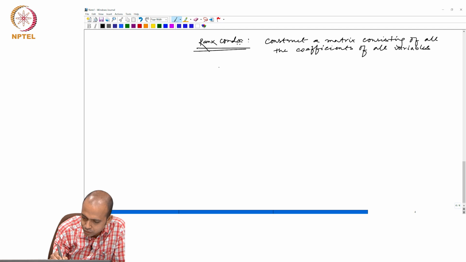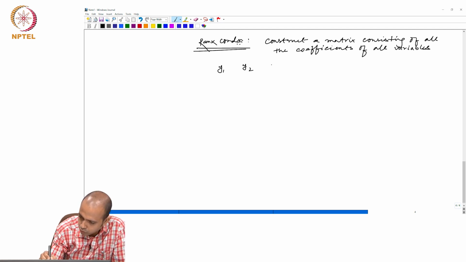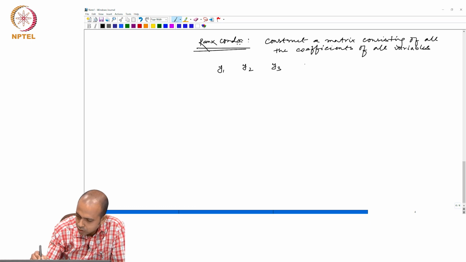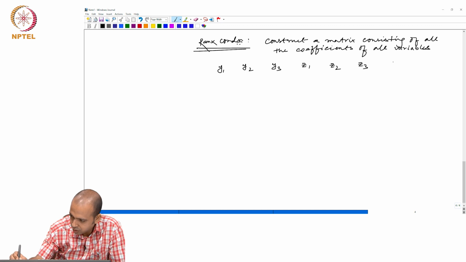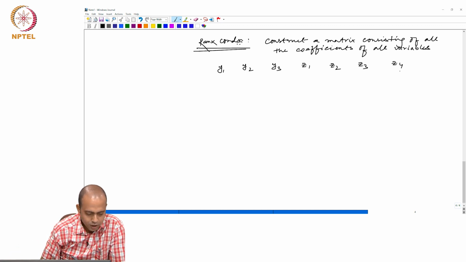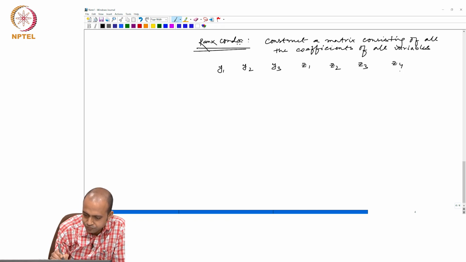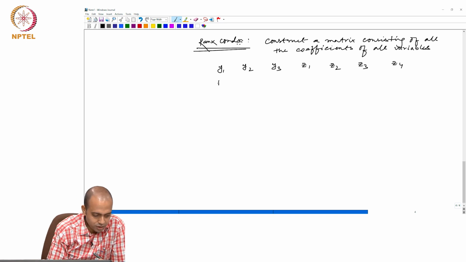So, what are my variables? y1, y2, y3, z1, z2, z3 and z4. Now, think about the first equation. In the first equation, I have y1, so the coefficient is 1.